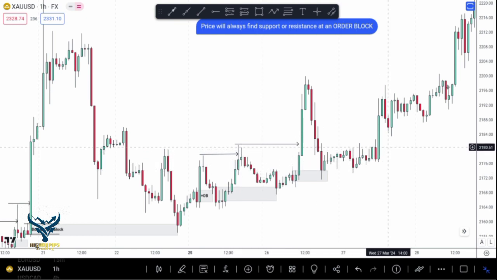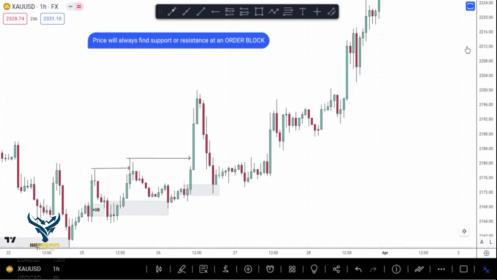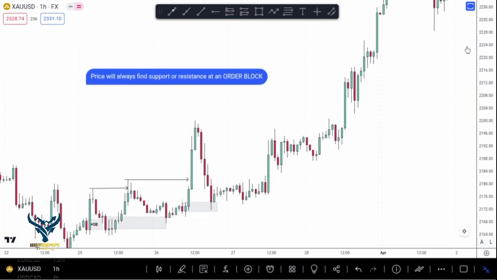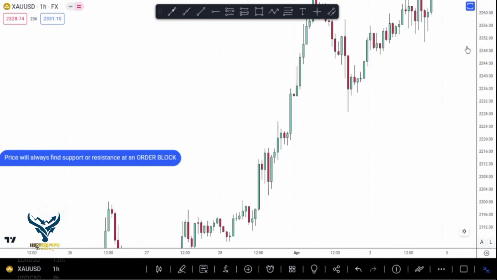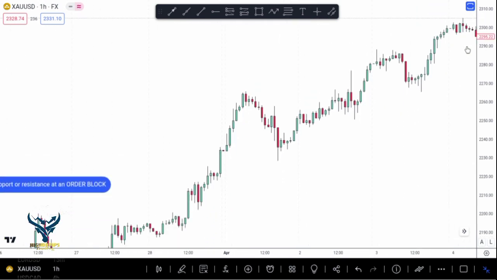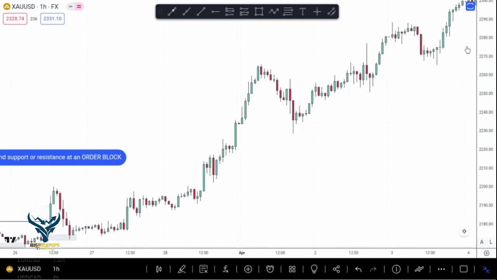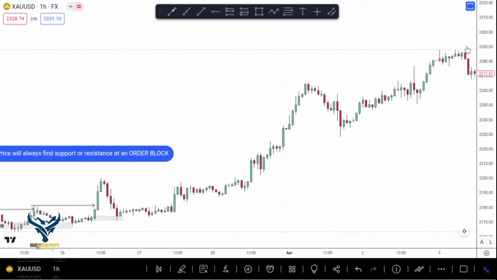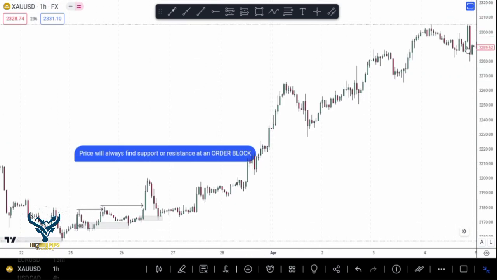So this basically happened last week. All this happened last week. The market was buying. This is gold. Gold was gaining value. I hope you can see that this is a bullish market structure.